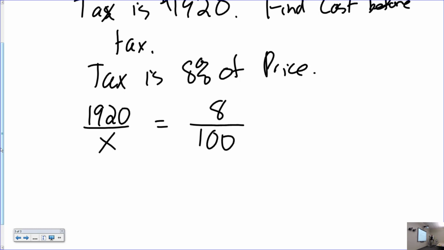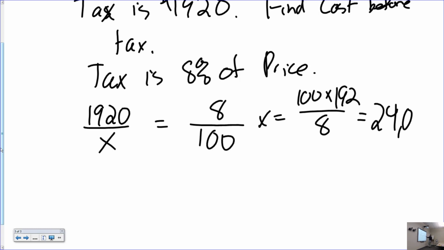And we use that to generate what the actual price is going to be, right? So x is going to be 100 times 192 divided by 8, which gives us 24,000. And again, folks, remember, this is the price before the tax. If I technically wanted the price after tax, what would you guys do?